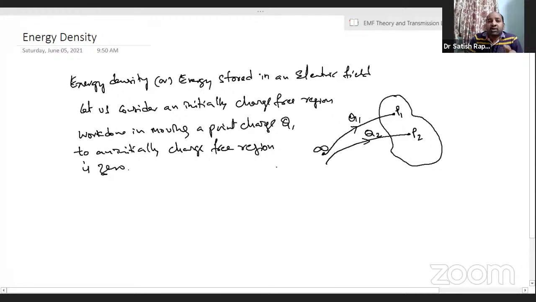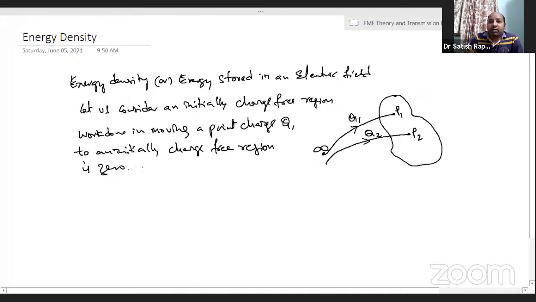Because Q1 has already been placed inside the region. Already Q1 is there, so whenever Q1 is there, an electric field exists. Whenever an electric field exists, moving a point charge requires some energy, right? So the work done in moving a point charge is not zero.